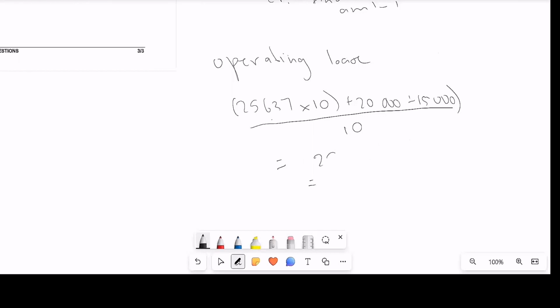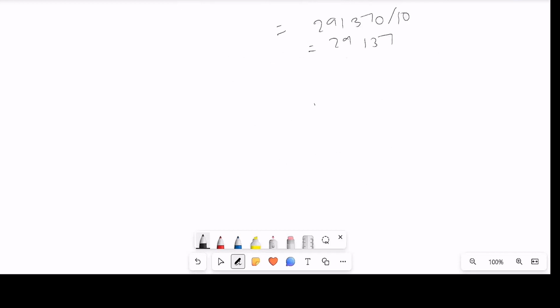So it's going to be 291,370 divided by 10, which is 29,137. After we've computed all, it's basically the average of all our payments over the 10 years, what we would expect to get over the 10 years. But remember, the lessee will pay a different amount based on what we agreed on.